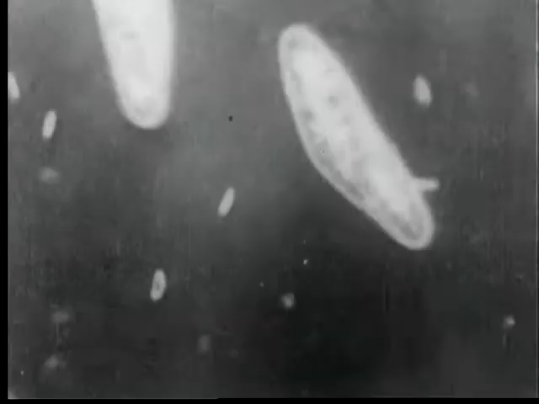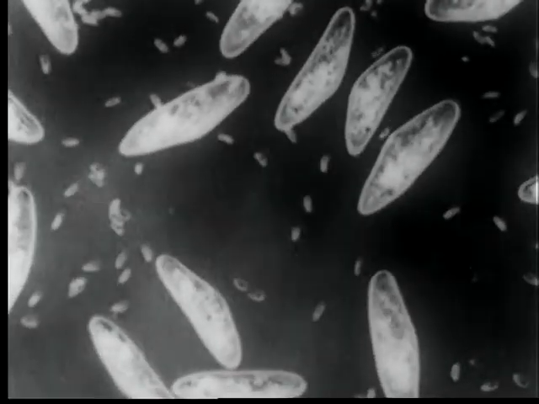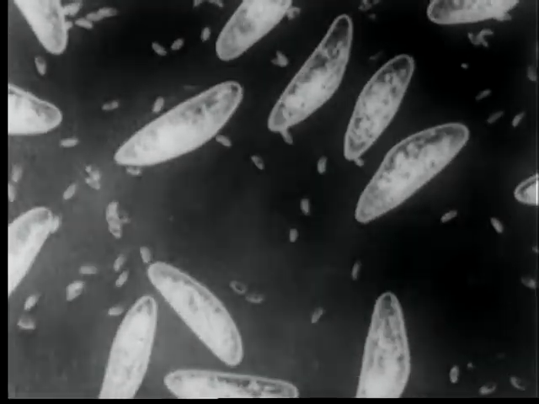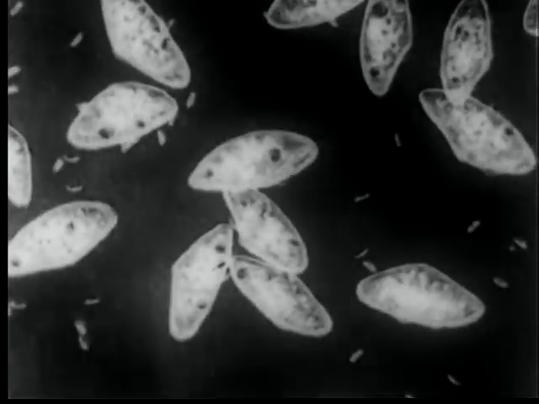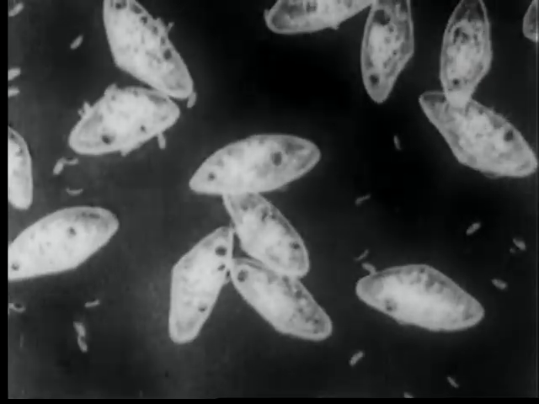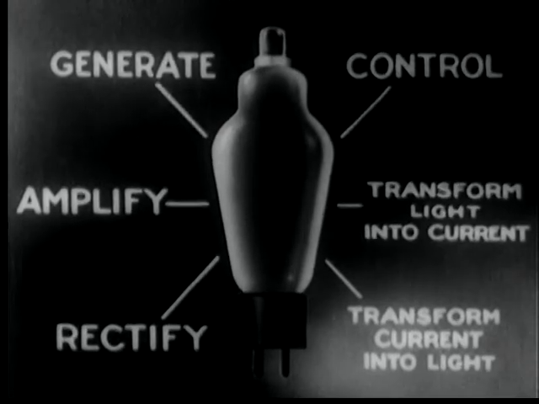In this demonstration, paramecia rather than bacteria are about to be subjected to Stereolamp rays. Notice what happens. The Stereolamp today is becoming increasingly important, both as a servant of public health and as a device for the preservation of perishable goods.